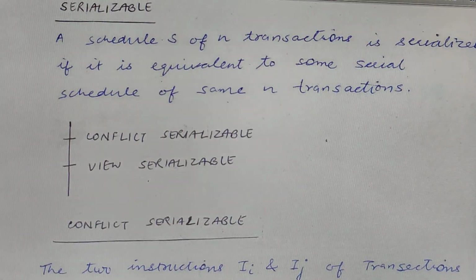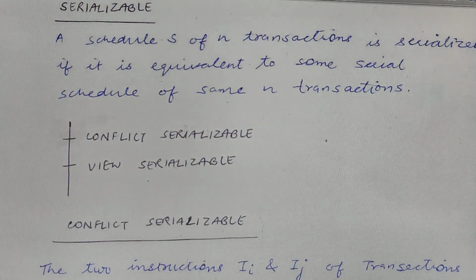If using some method I can convert this schedule into a serial schedule so that all the operations of one transaction are executed first, then all the operations of the other transaction are executed next, then that schedule is known as serializable. If a non-serial schedule can be converted into a serial schedule, then it is known as serializable.